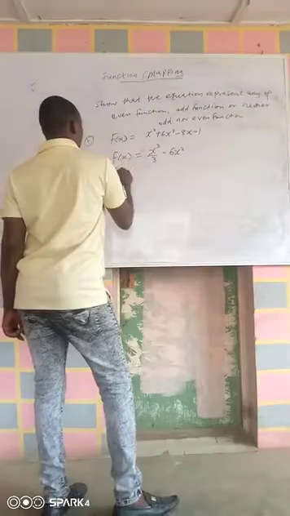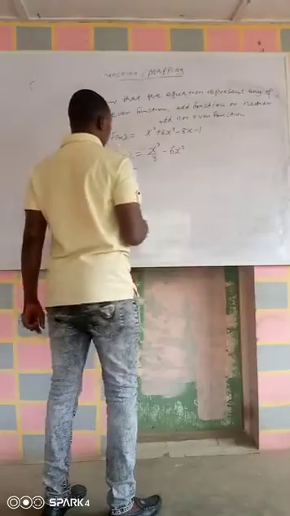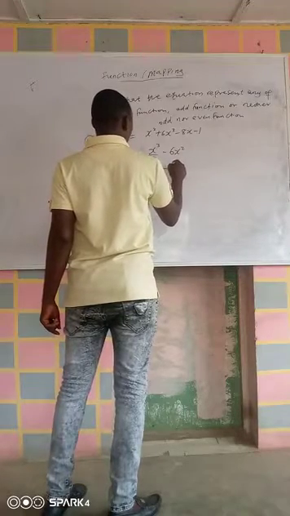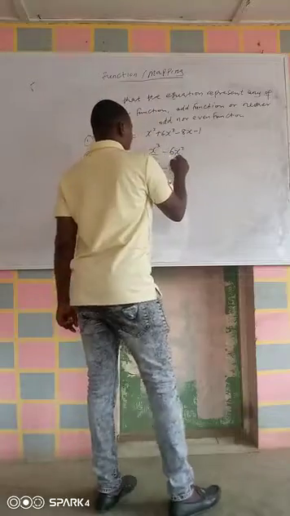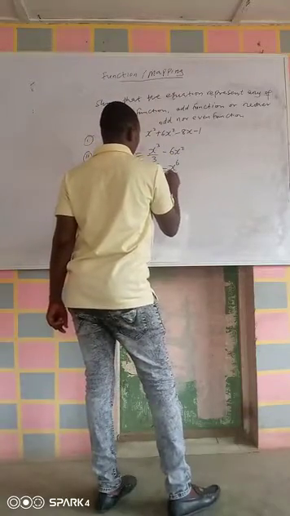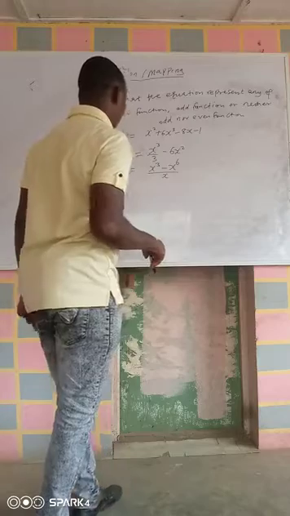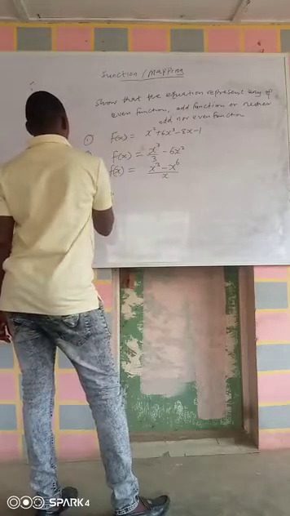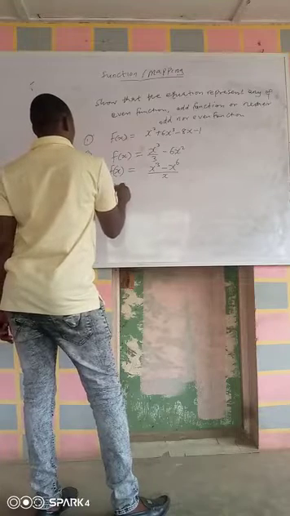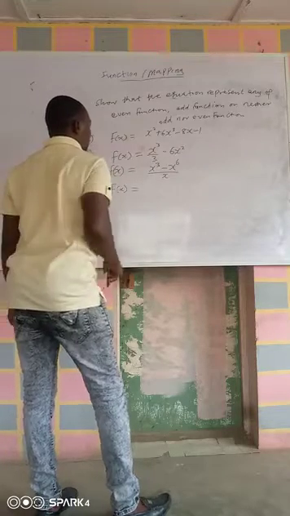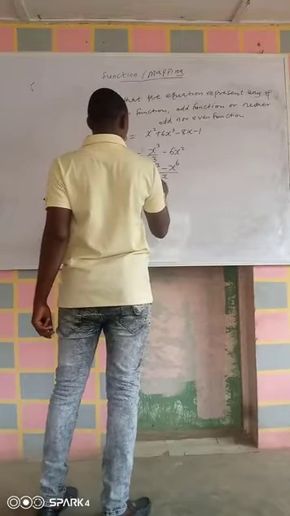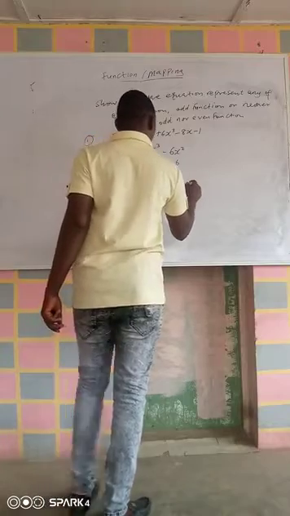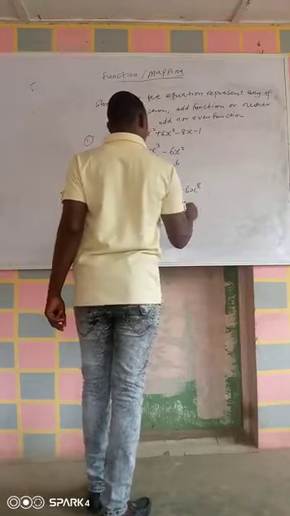Three: f of s equals s cubed minus s raised to power 6 over s. Four: f of s equals s raised to power 6 minus 7s squared plus 6s raised to power 8.